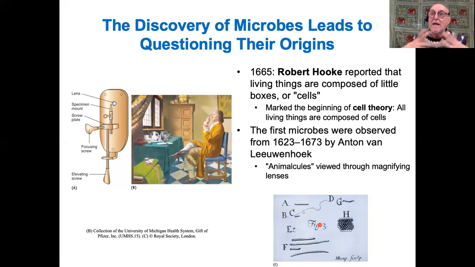Van Leeuwenhoek showed that they came from the skin, from the saliva, from the teeth, from the soil, from all over the place. People like Robert Hooke came and said, we ourselves are composed of these small units, or the cells. And this is a revolution in the thinking of humankind.